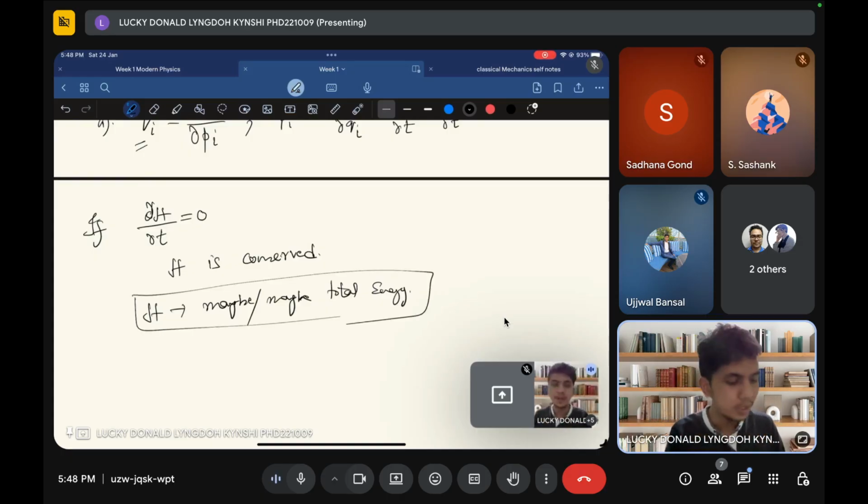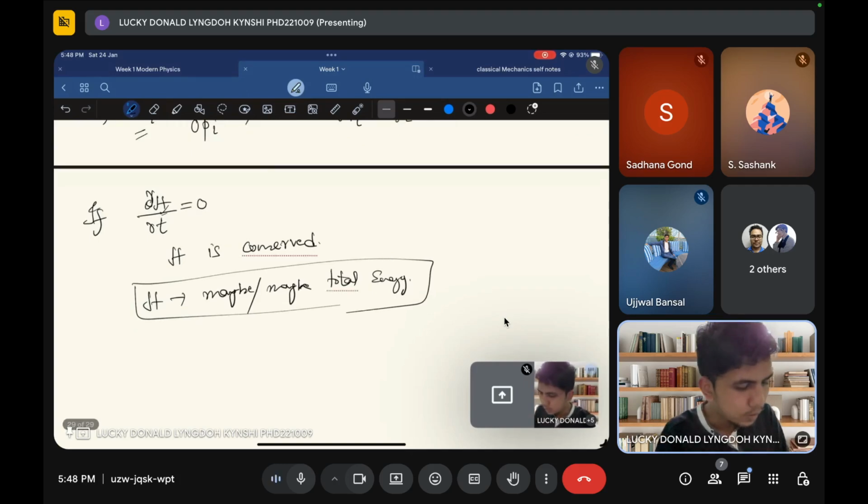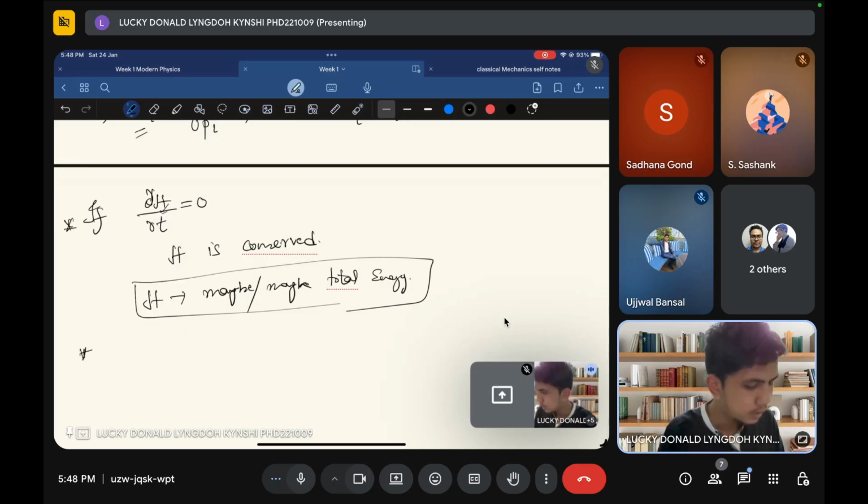If your Hamiltonian H does not change with time, then that means your H, which is an energy, remains conserved. So that is also one thing that we see here in Hamiltonian. If you want to show whether energy is conserved or not, we have to find out dH by dt.